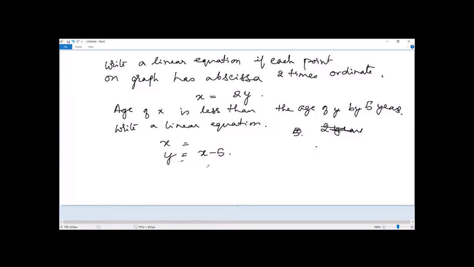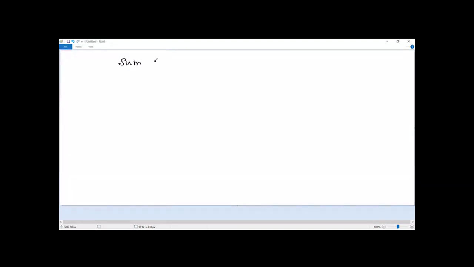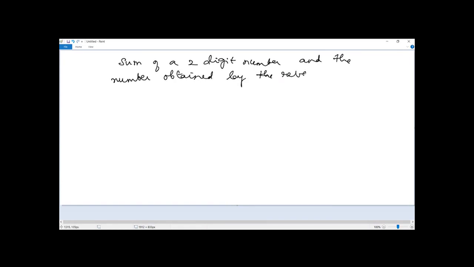Next is the sum of a 2-digit number and the number obtained by reversing the digits is 88. What is reversing?